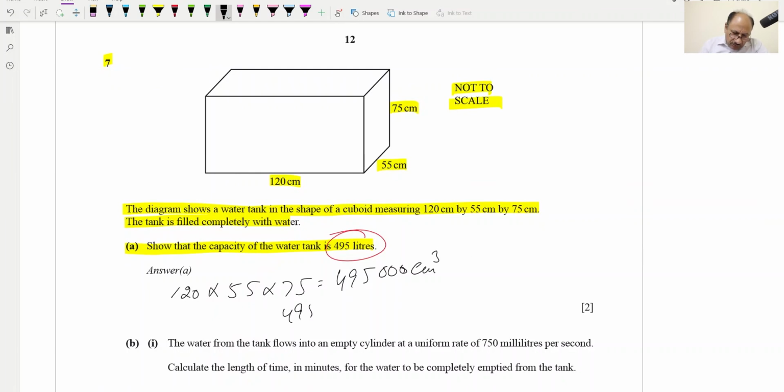So 495,000 divided by 1000 will be equal to 495 liters. This will be our final answer, and this will be for 2 marks.